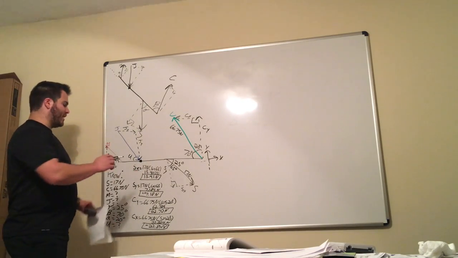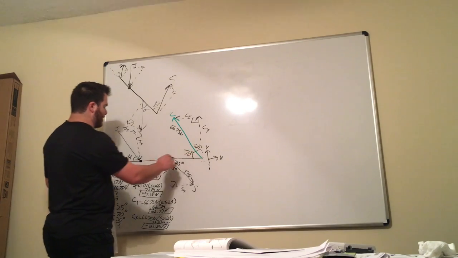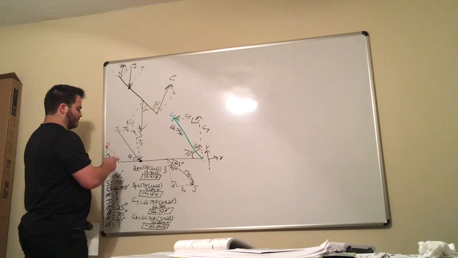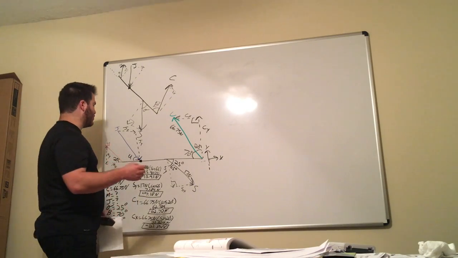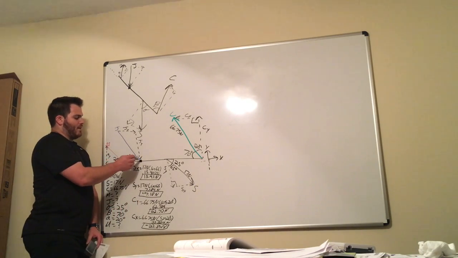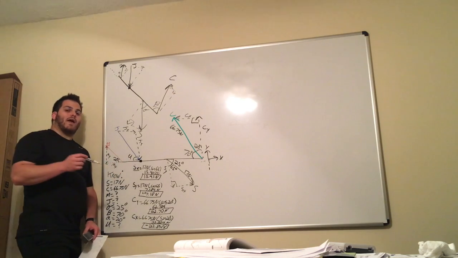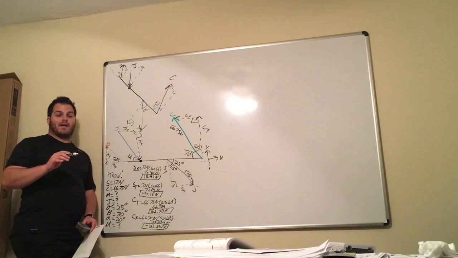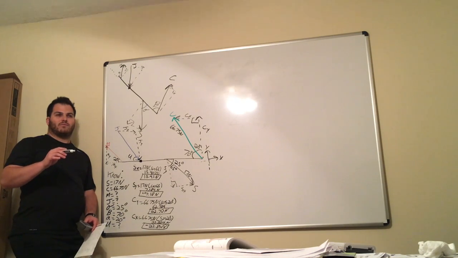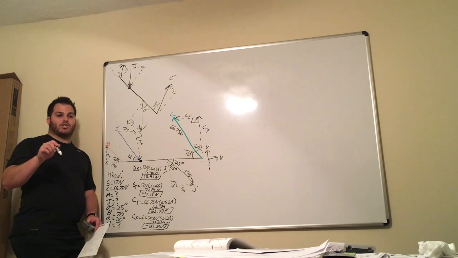So we can pick any place on this whole free body diagram, whatever you want to call it. I'm going to pick this place right here. Any place you choose is going to cancel out the force going into that location.